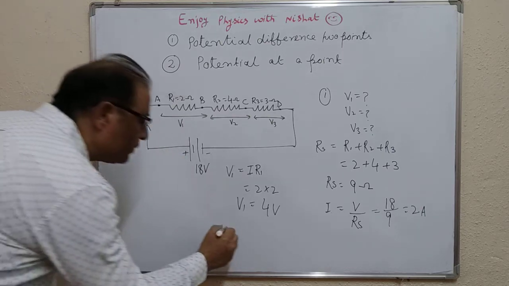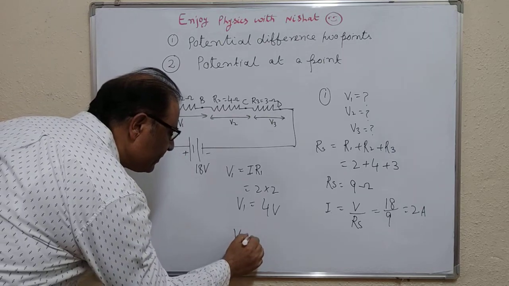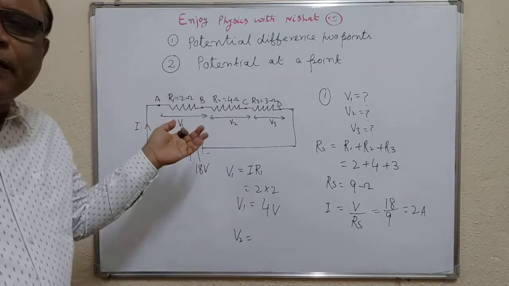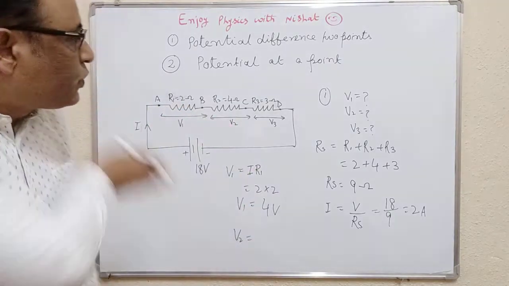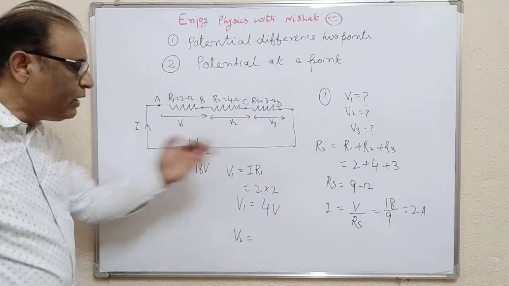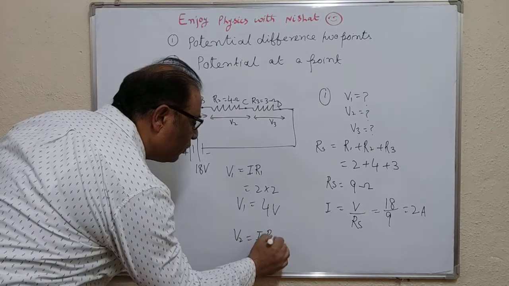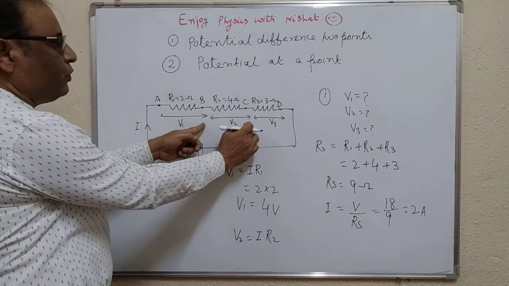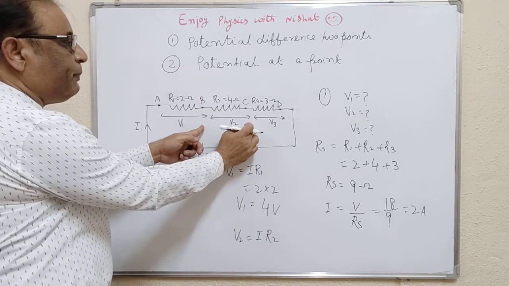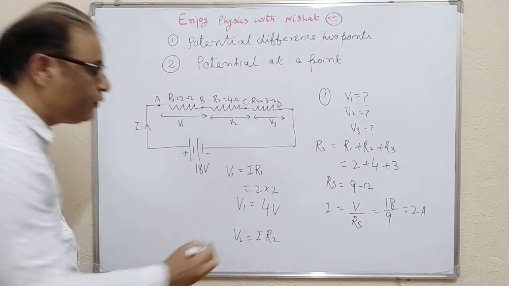Come to the V2. Same resistance in the series, so same current, 2 ampere, is going on. So I and resistance is R2, because for V2, the potential drop between B and C, resistance is 4 ohm.